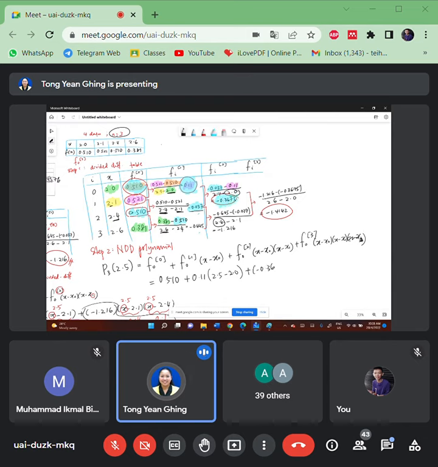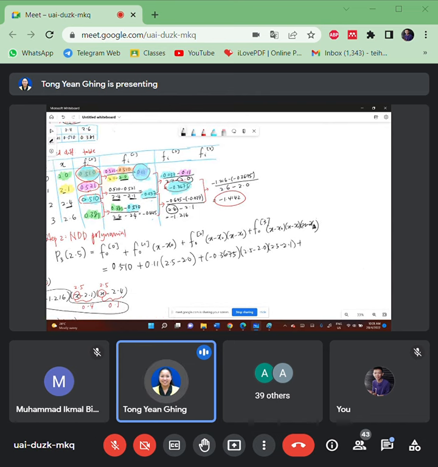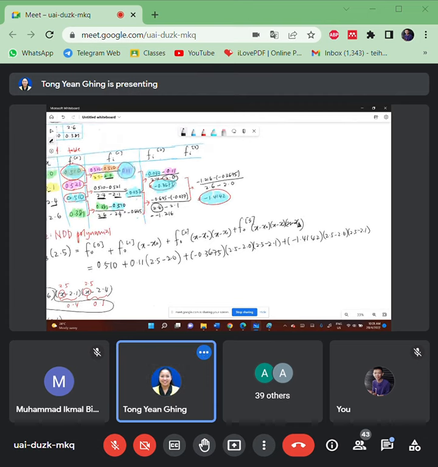Negative 0.3675 times 2.5 minus 2.0, 2.5 minus 2.1. And then plus with yang ni pula. Negative 1.4142 times 2.5 minus 2.0, 2.5 minus 2.1, 2.5 minus 2.4.